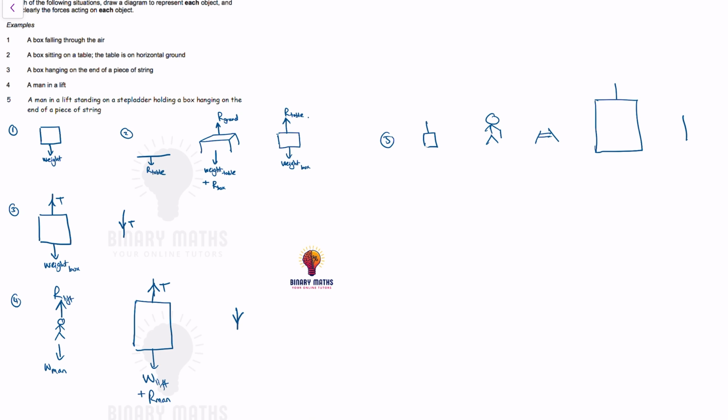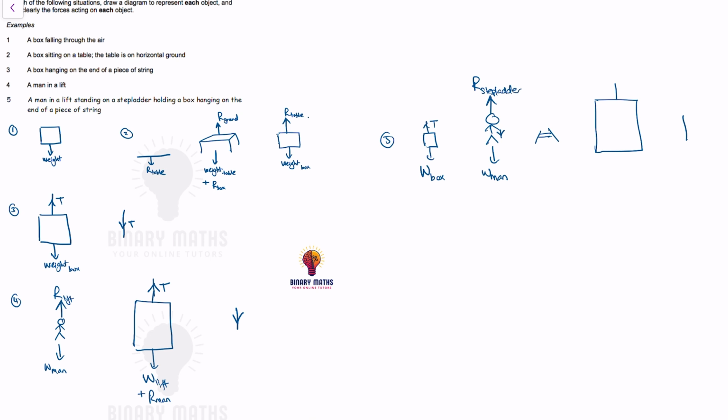Okay, so what does the box feel? The box feels the weight of the box and the tension from the string. The man feels the weight of the man plus the tension from holding this box on the string. Plus it feels the step ladder pushing up, so it's the reaction force from the step ladder.